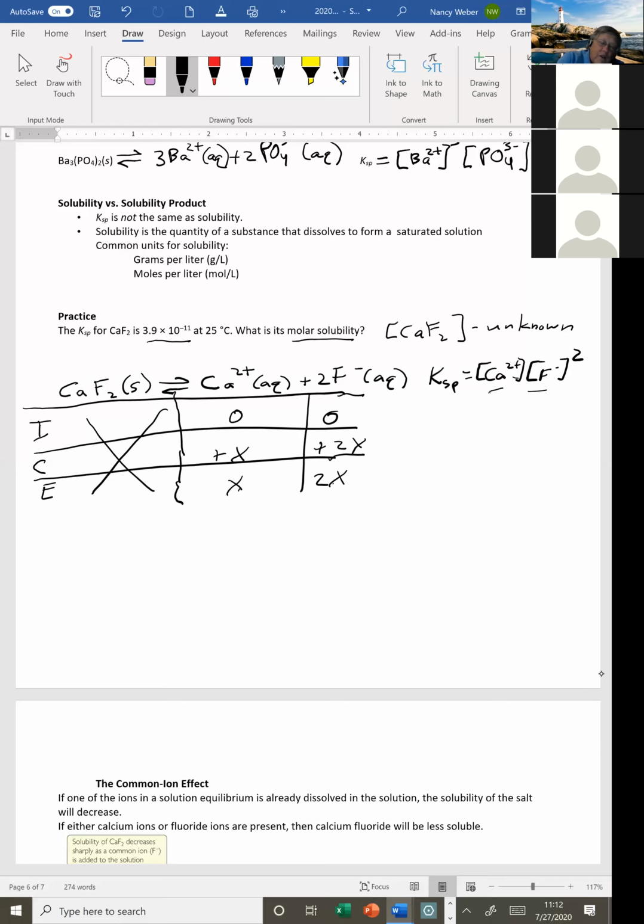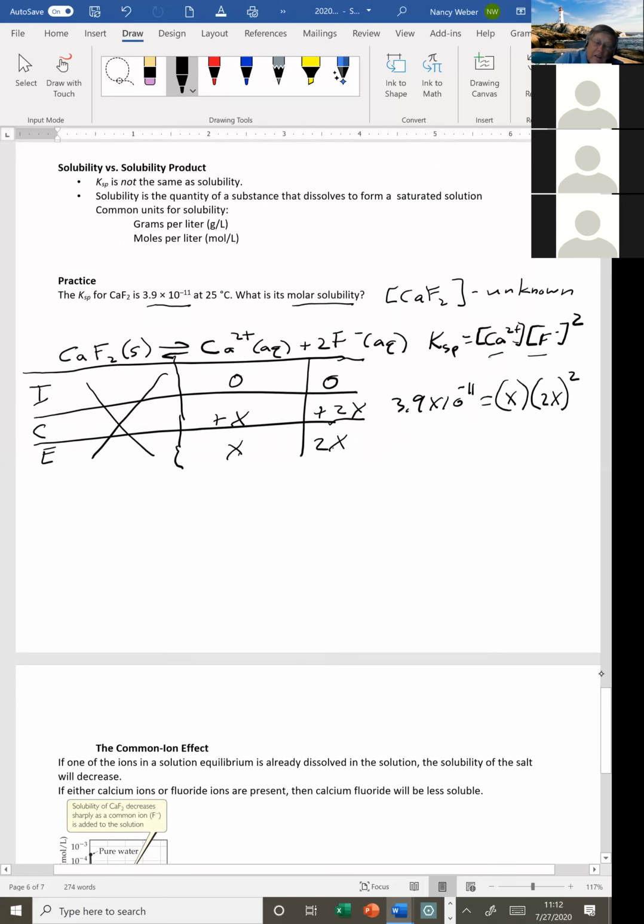So we've got 3.9 times 10 to the minus 11 equals X for calcium, 2X for fluoride. If you don't get this coefficient inside the parentheses, you make a common mistake.